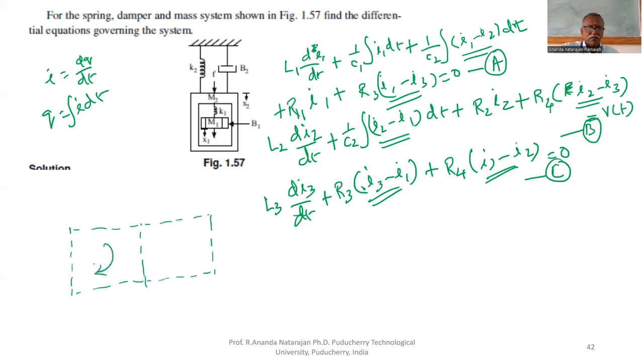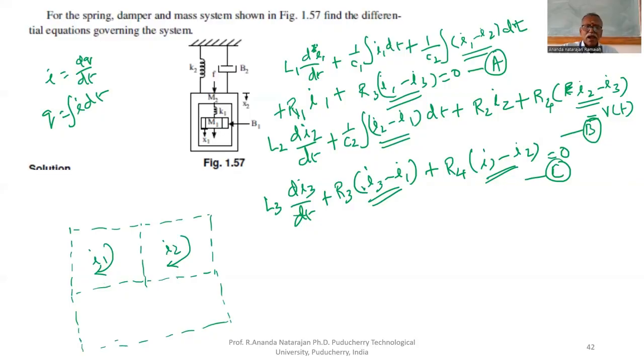This is I1. This is I2. No problem. I1 minus I2 you will get automatically. We need I1 minus I3, therefore it should be adjacent to the first loop as well as the second loop. Here you will get I1 minus I3.